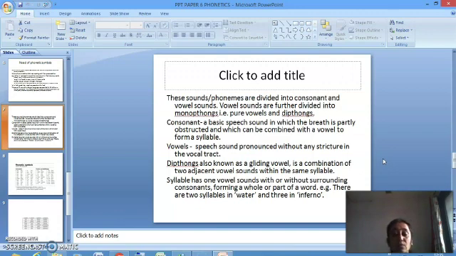Okay, what is a vowel? It is a speech sound pronounced without any stricture in the vocal tract. So vowel sounds come out directly from our vocal tract without any obstruction, without any stricture.